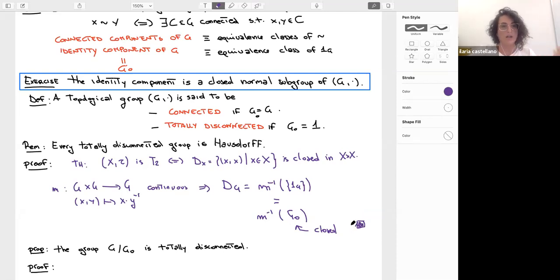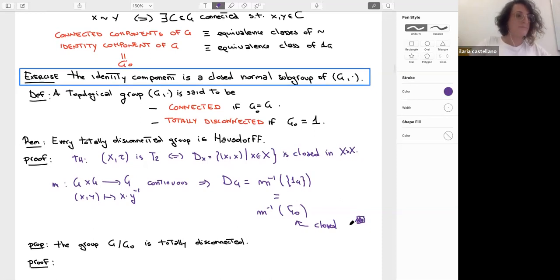Actually, topological groups are very nice from the point of view of separation axioms, because I think T3 and probably T3 and 1/2 are all equivalent to Hausdorff. They are all the same. Okay. So every totally disconnected group is Hausdorff, so we are happy with that.